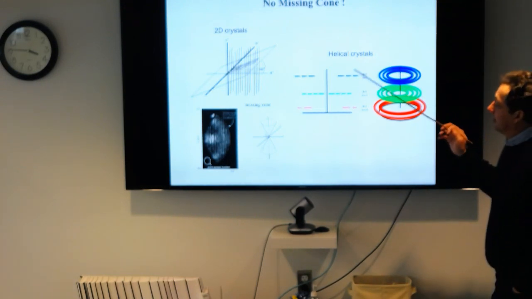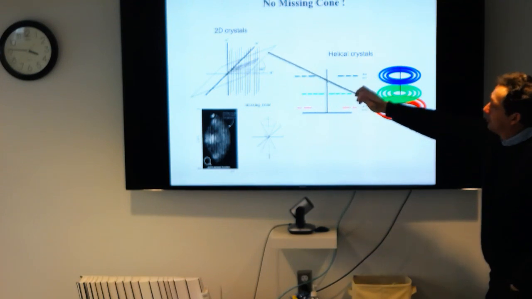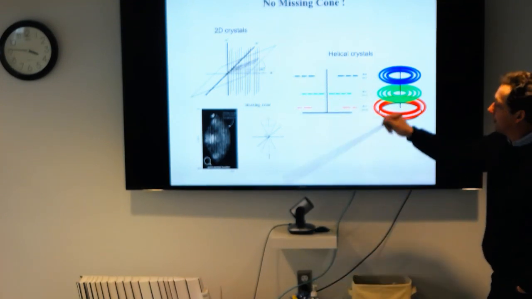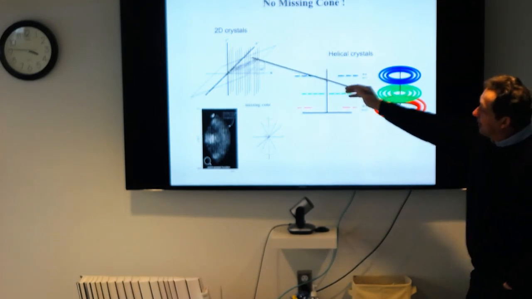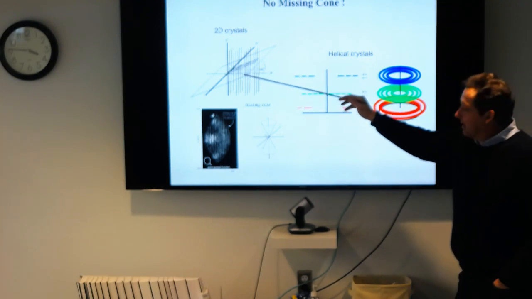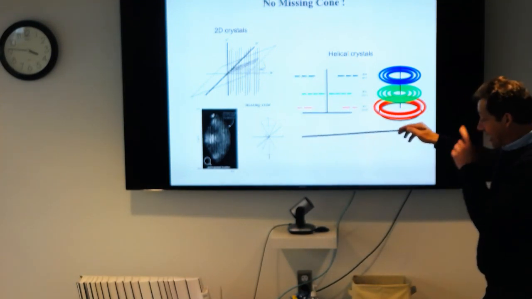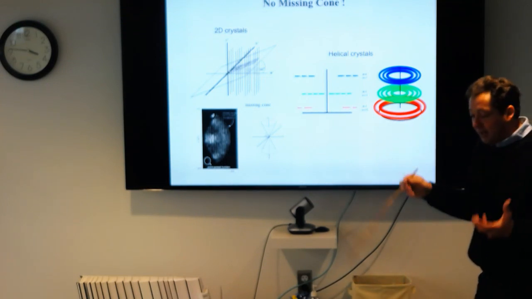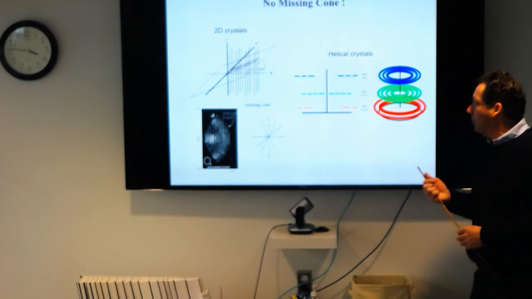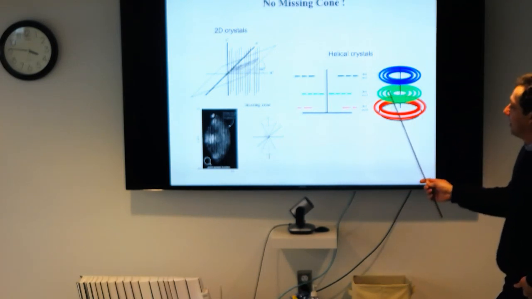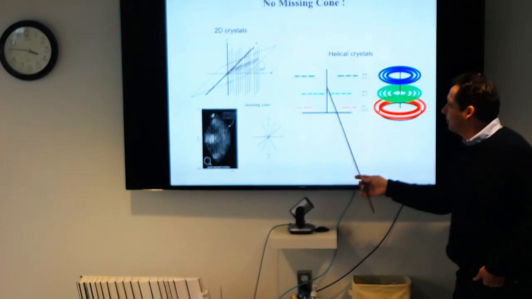You can think about it if you already saw 2D crystals: with a 2D crystal, you only have one view, and you have to make a tilt series in order to obtain three-dimensional information. With single particles, you build the 3D by orienting all your particles. In the case of a helical crystal, from a single specimen, you have all the information.